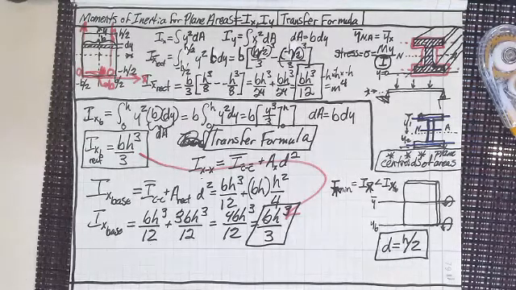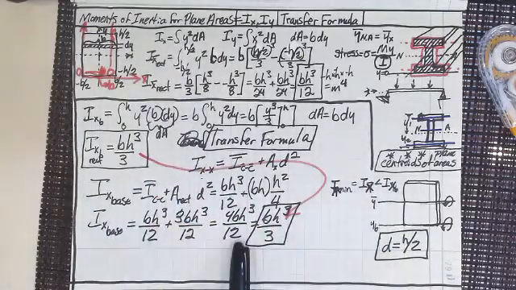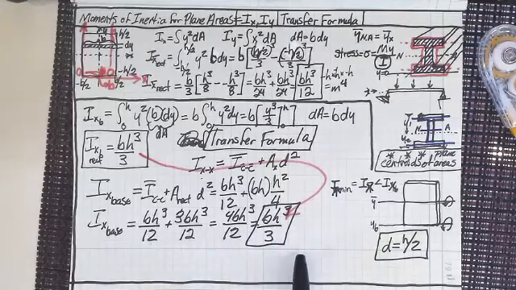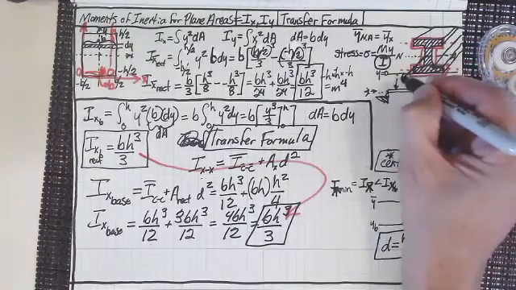That's going to be the next thing that we're going to do. And then we're also going to look at not only moments of inertia about the x and the y axis, but moments of inertia about the z axis, coming out from the end here.